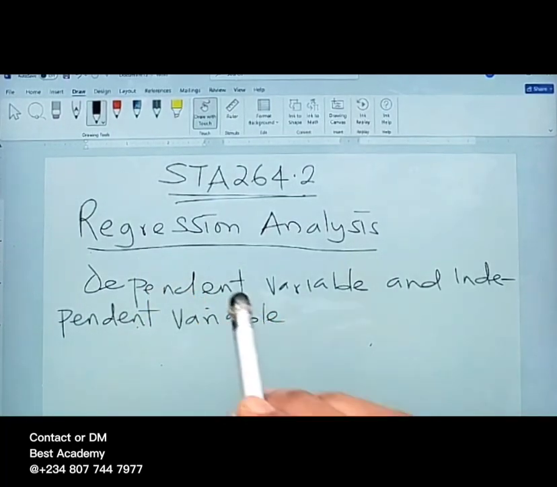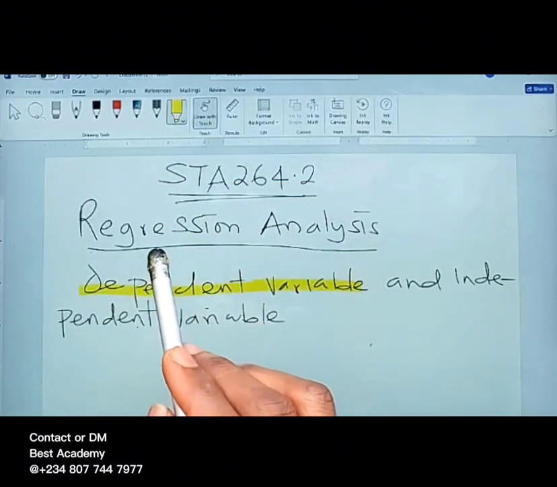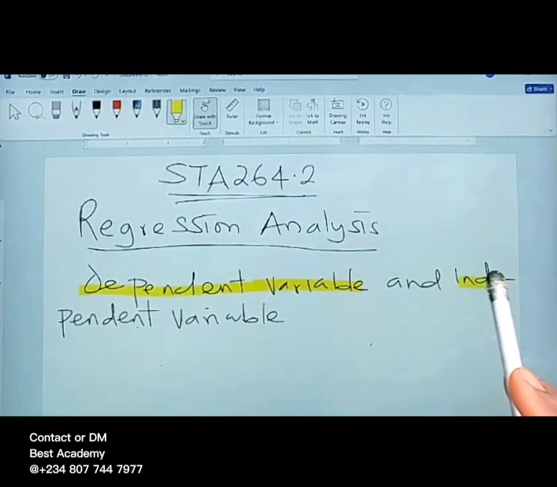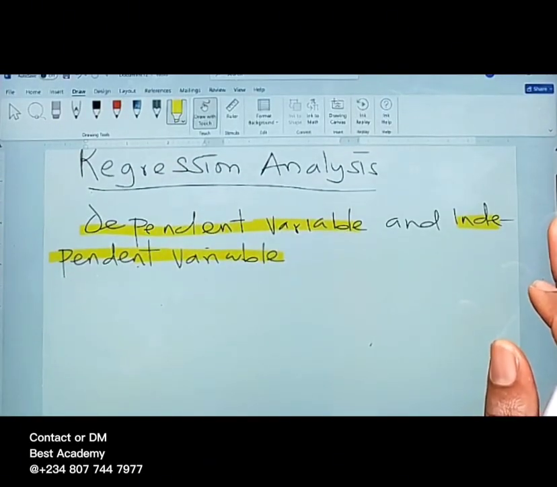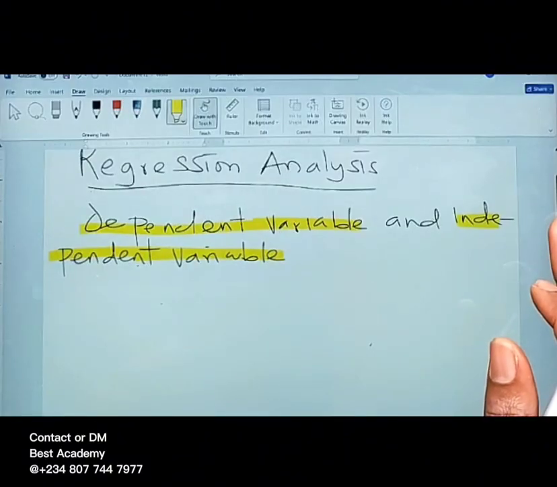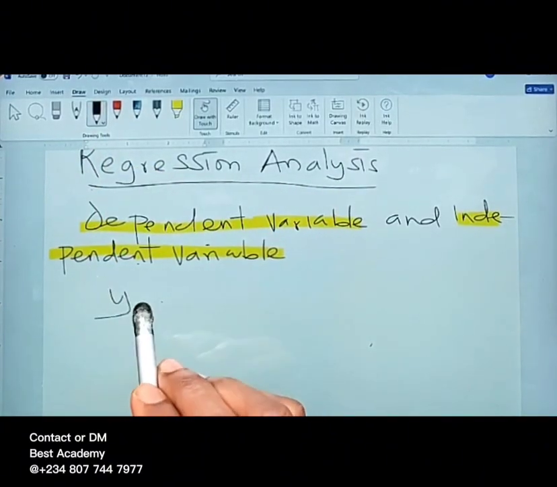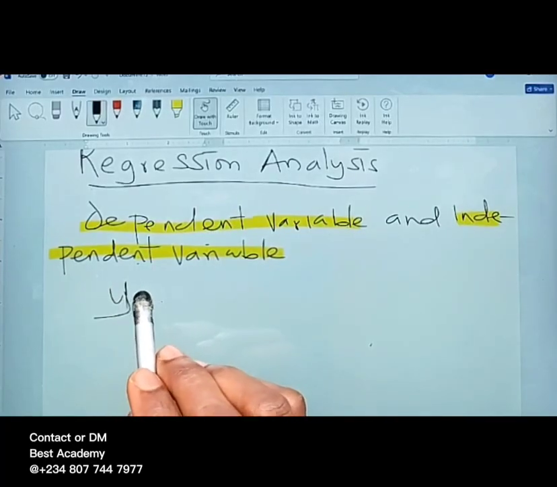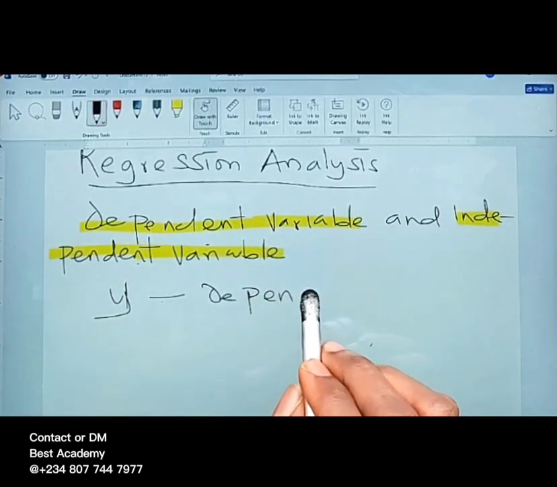Okay, now we are going to know what this dependent variable is, and what this independent variable is. Please take note. So when I was saying about dependent variable here, the letter that stands as dependent variable is y.